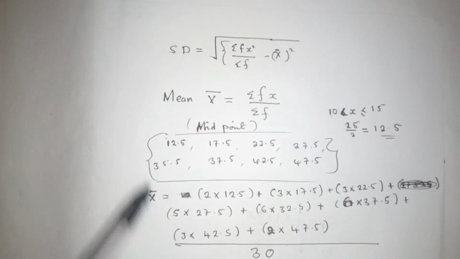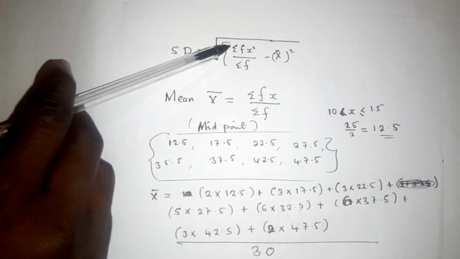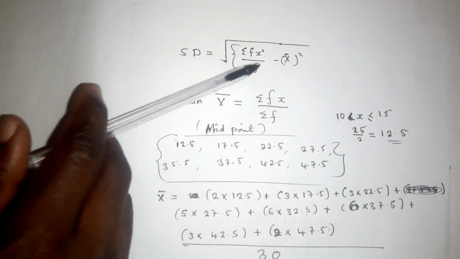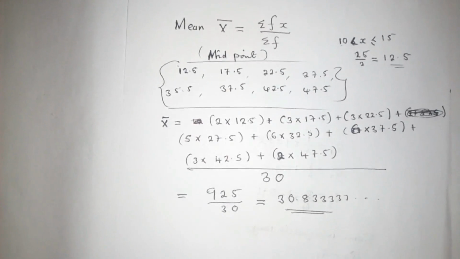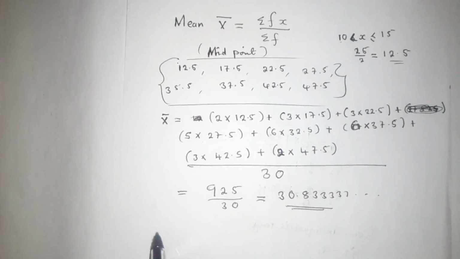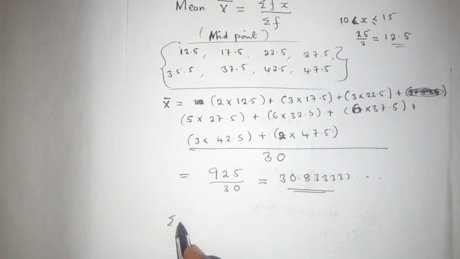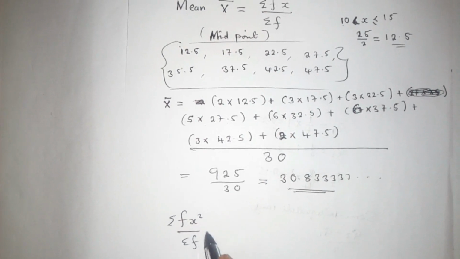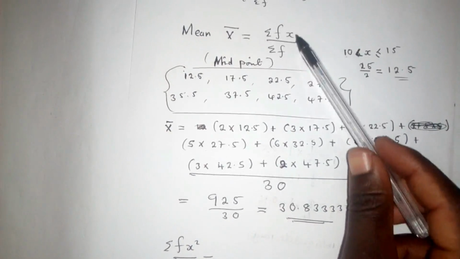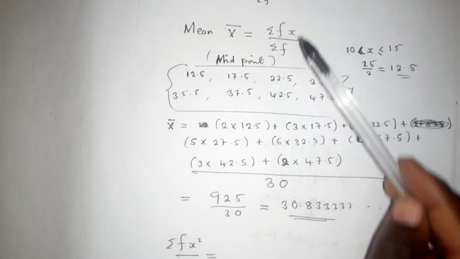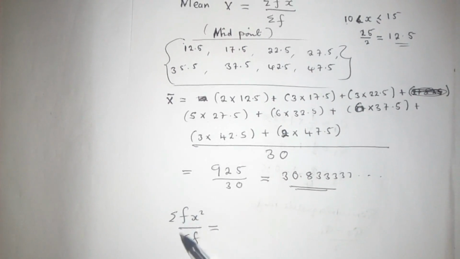So now we can find what is here. To find what we're supposed to put here, it's the same procedure. Okay? So write it like this. If you can see nicely here, this formula for the mean is the same as what we're about to calculate here.